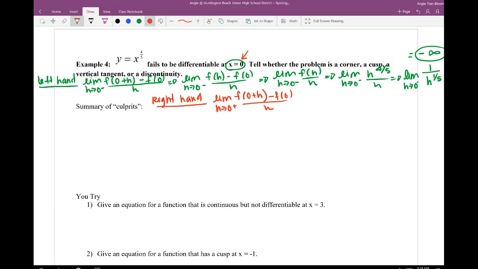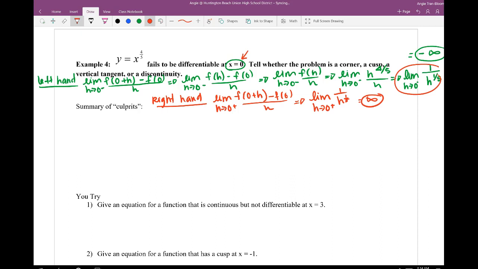When I simplify this, I'm still going to get down to here, so I'm just going to skip all the steps in the middle, and now I get to this location. Okay, so the limit of 1 over h to the 1/5. Well, the limit as h approaches 0 from the right of 1 divided by h to the power 1/5 is now positive infinity. Okay, so as you can see, one is approaching negative infinity, one is approaching positive infinity.